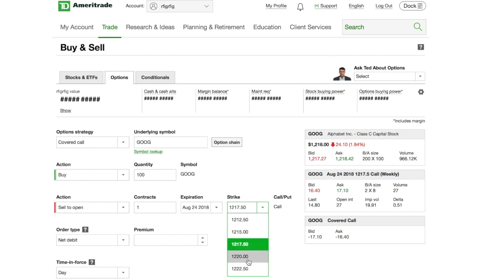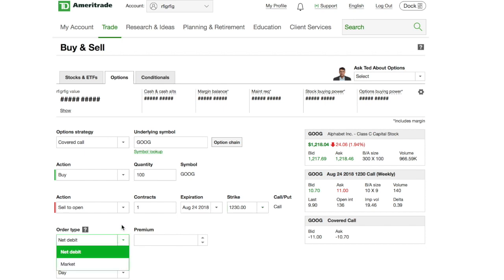Let's say you put your strike at 130. You're saying I bet that the price of Google won't be at this price by this expiration date, right? So here you have an order type, net debit. A debit is money that's going out of your account.